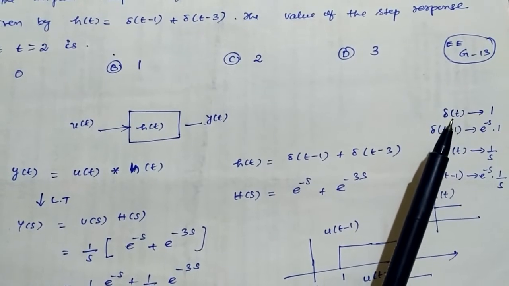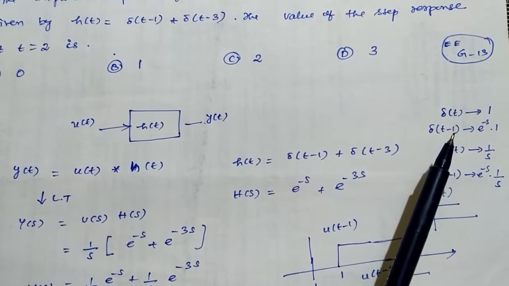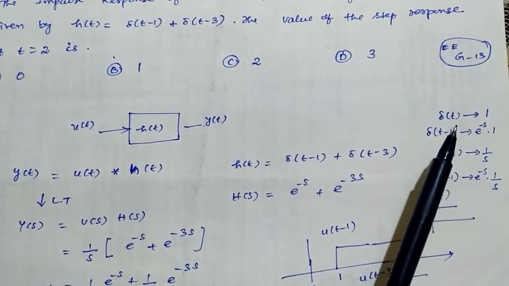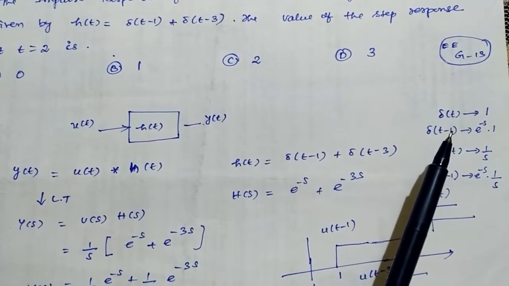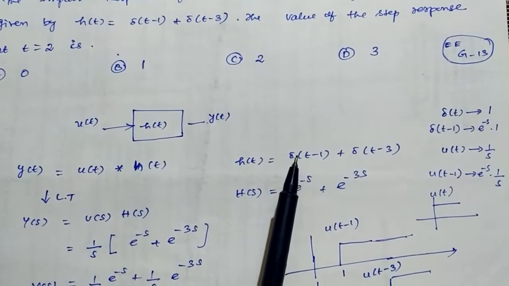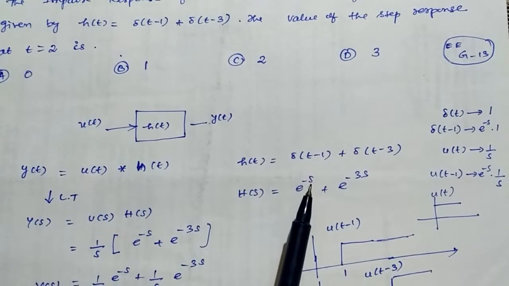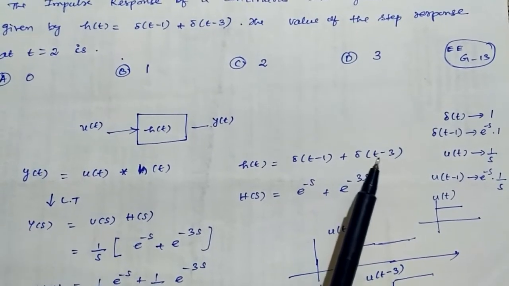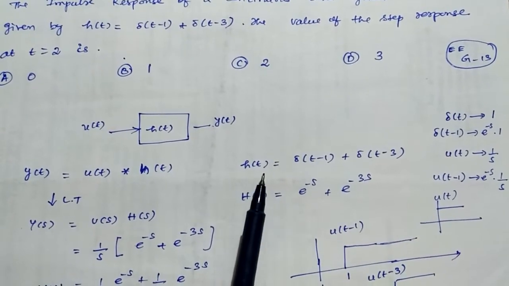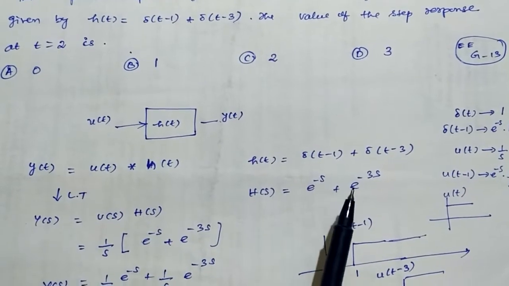If this impulse function is shifted by 1, then this 1 is multiplied by e^(−s). So δ(t−1) has Laplace transform e^(−s). Similarly, the delta function shifted by 3 gives e^(−3s). Therefore h(t) has Laplace transform H(s) equal to this.